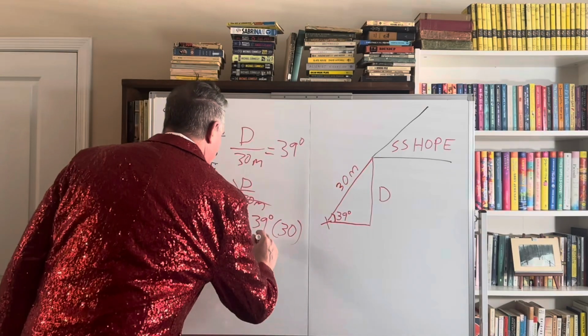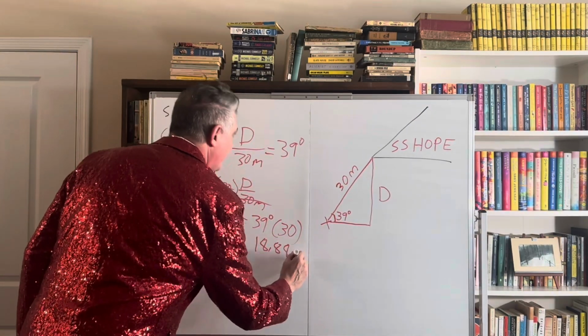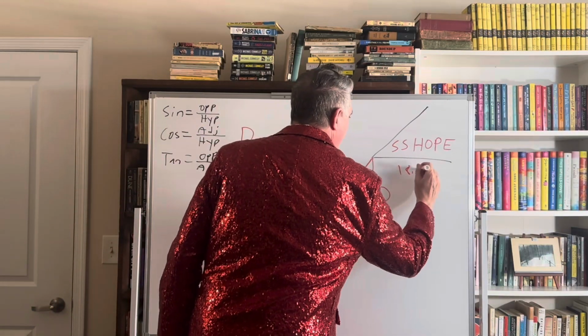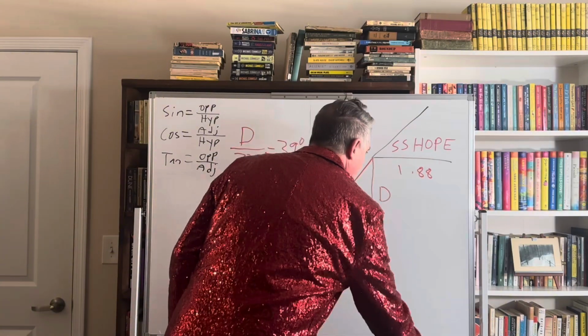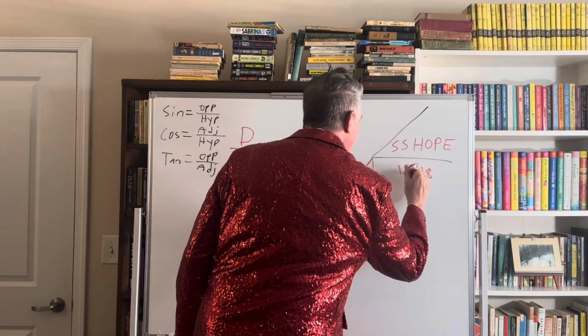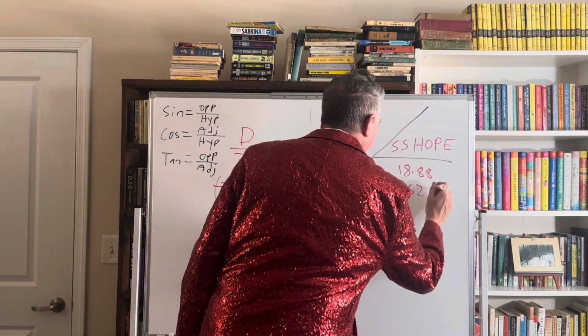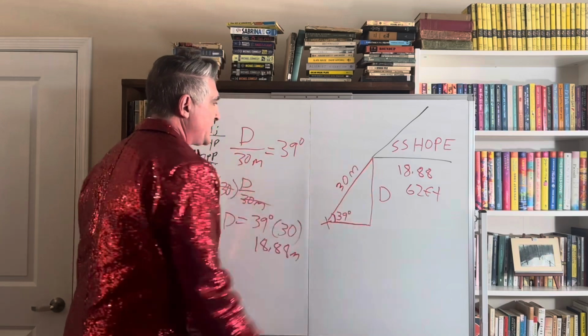I'm just going to give you the answer, which is like 18.88 meters. So our distance is 18.88 meters. Or if you prefer feet, that's going to be a 62-footer in length. That's our distance from the bow of the SS Hope to the seabed.